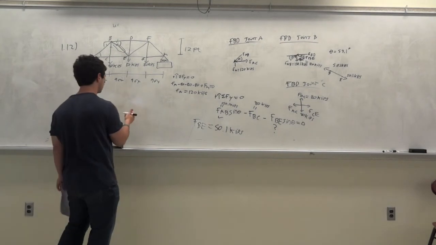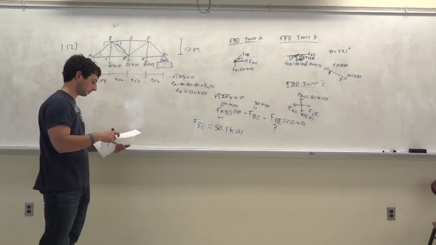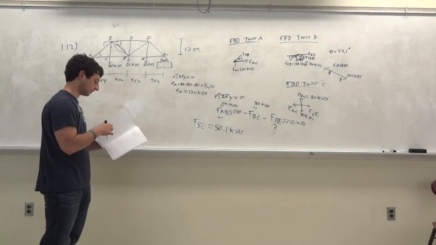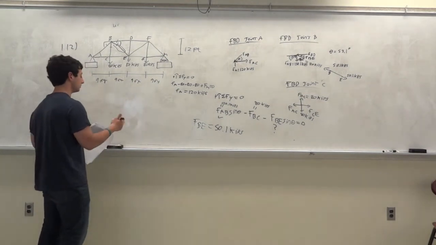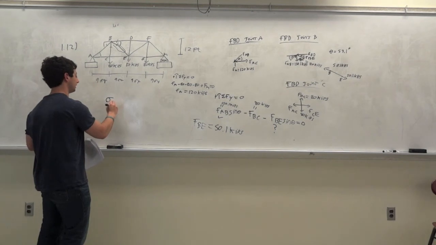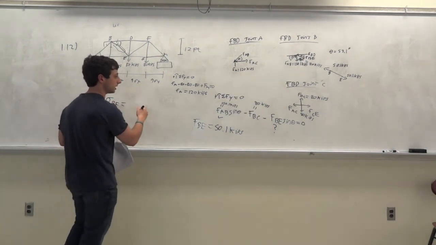So the stress is just a force over the area, but in the original problem they give you the cross-sectional area of that member. It was like 5.87 inches squared. So sigma BE is equal to force over area. It's in tension, so it's positive.